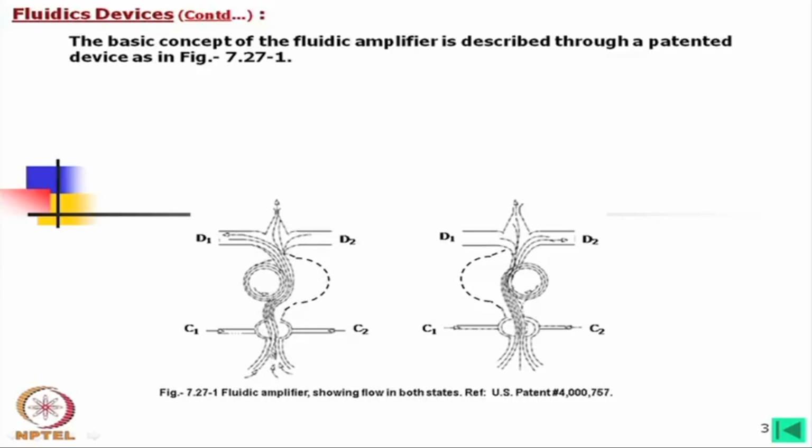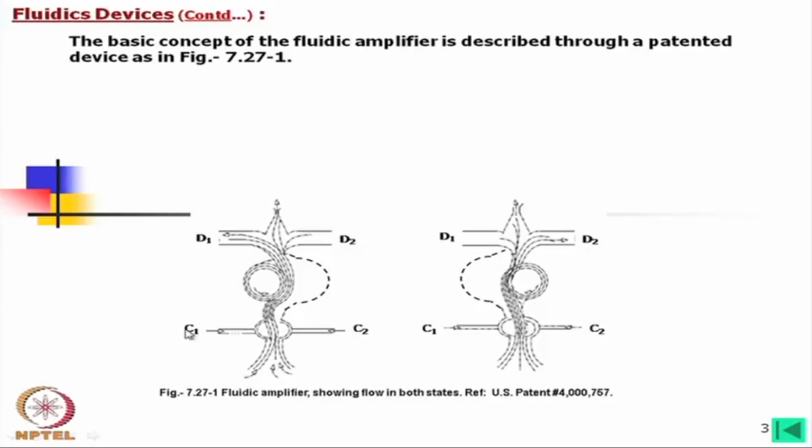You can imagine a cavity between two plates, two bodies, with a cavity inside. There is a main flow, flowing like this. At this zone there are two inputs. You should call these inputs the disturbing jets.